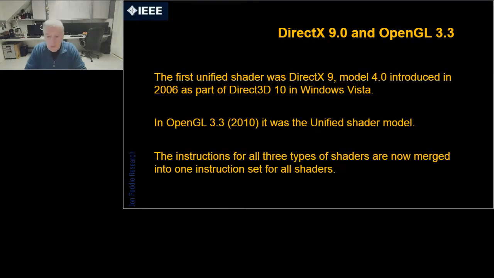So in 2006 with DirectX 9, we got to what we called unified shaders. And the idea here was that we wouldn't label the shader as to whether it was vertex or graphics or tessellation or anything else. We would just say, here is a shader, and let's use it for whatever job we need to do. And so if we need a whole bunch of vertex work done, then we can allocate all the processors we can for that operation.